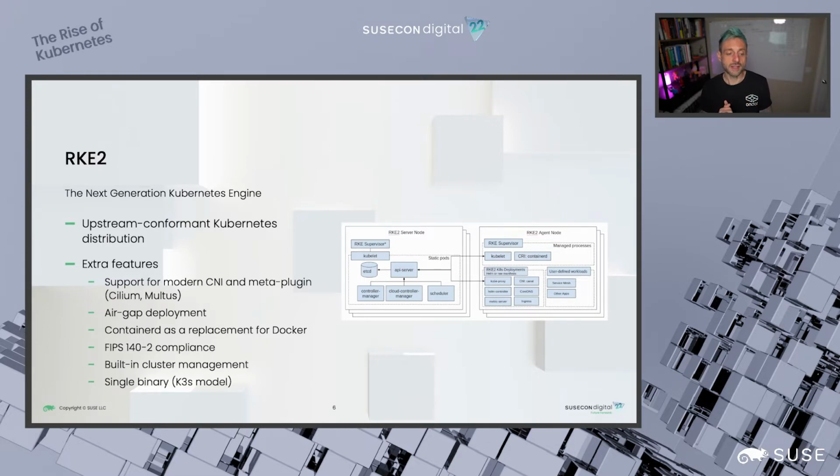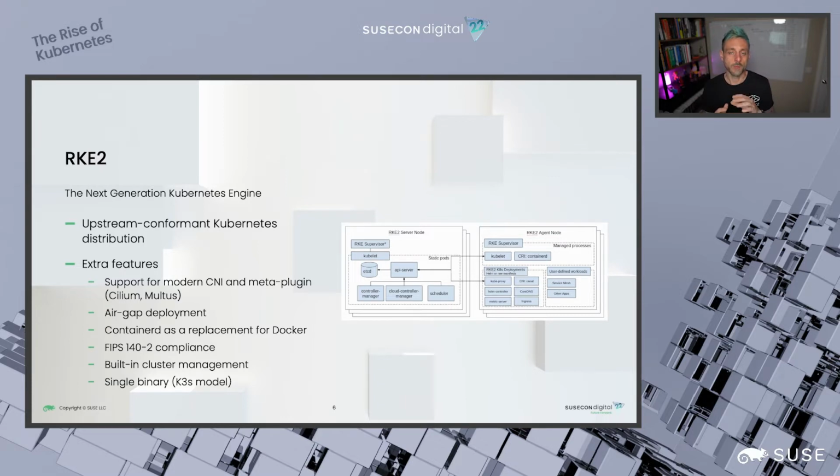And finally, it has all the benefits of RKE1 in terms of the Kubernetes conformance, as well as K3s because it's a single binary. So it's very easy to install from the Rancher server or manually by just deploying the binary and running this binary with a couple of options and just joining the nodes to the cluster.